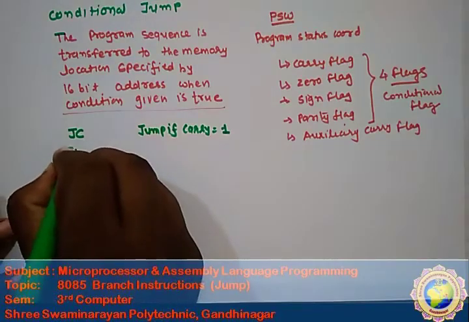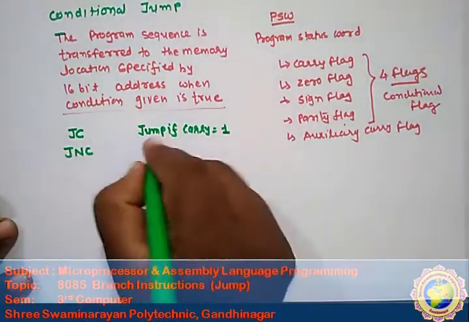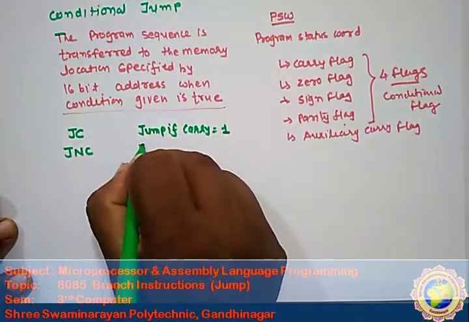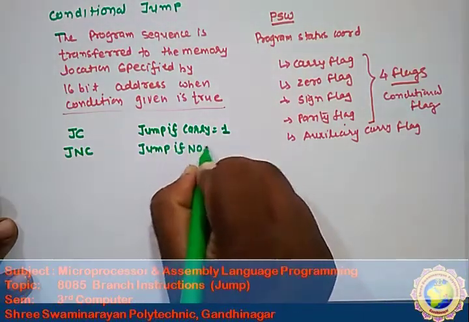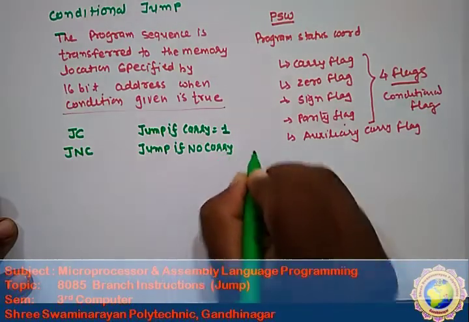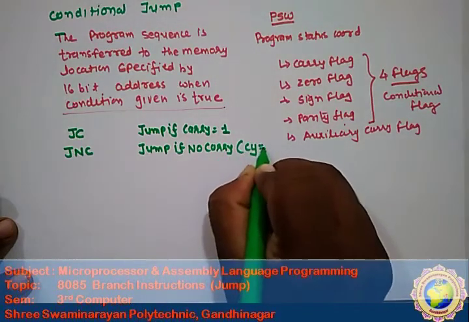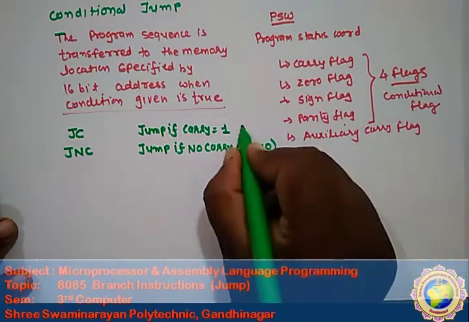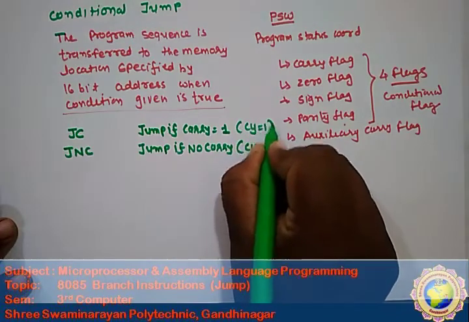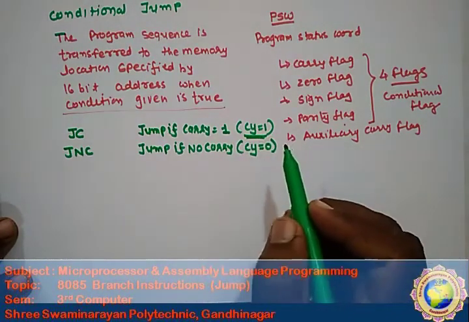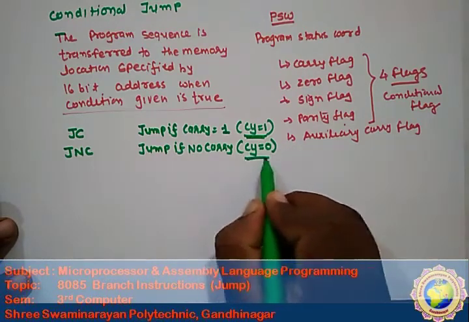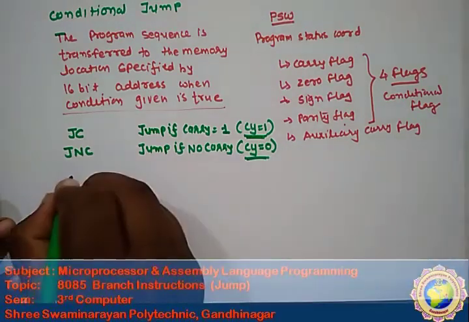The second is JNC, jump if no carry, means the CY flag is equal to 0. It jumps when CY is equal to 0.